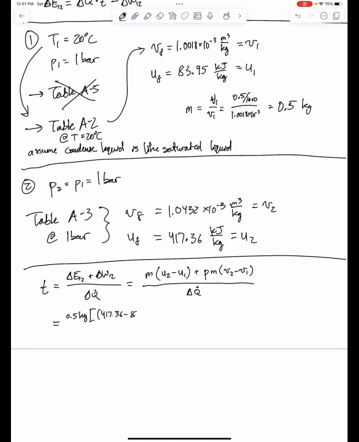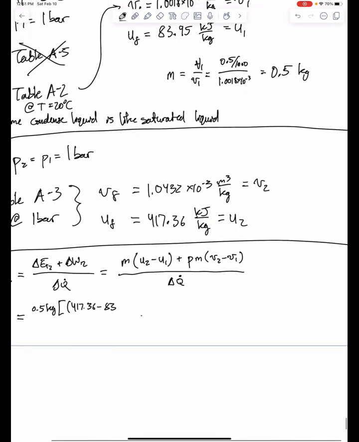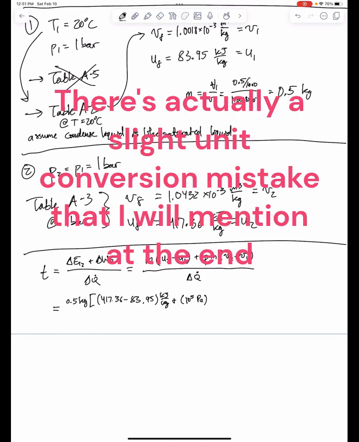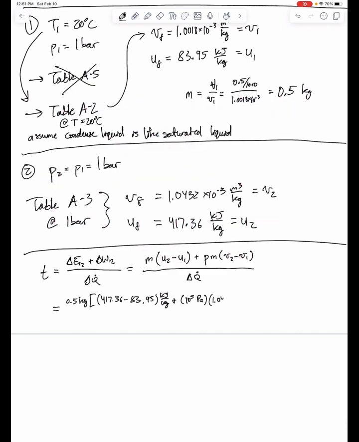Difference between the U values, plus pressure. 1 bar is just 10 to the power 5 pascals. Difference in specific volumes.